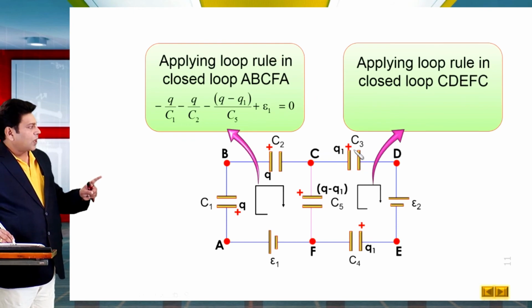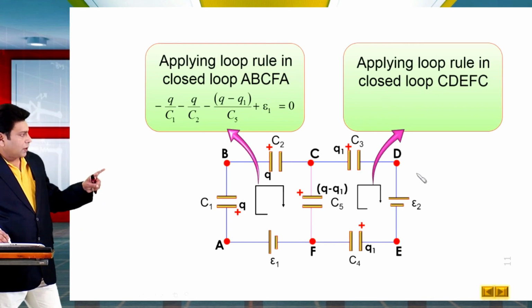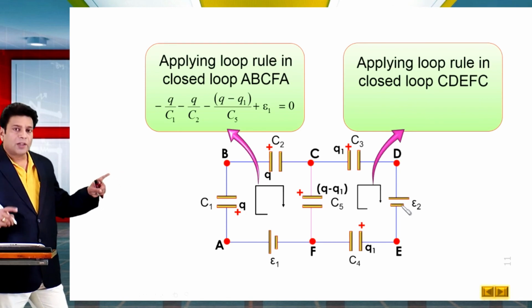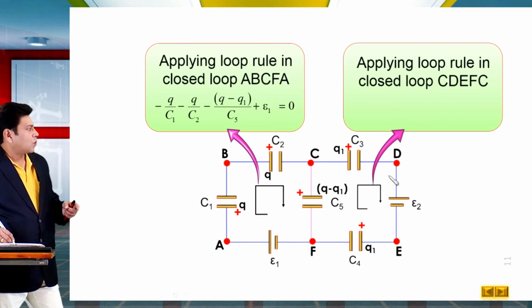What amount of the voltage drop will occur? That is minus Q1 divided by C3. And then we will move from D point to E point. While moving, we can observe a battery will be there, and in this battery will move from positive to negative plate. So, voltage drop will occur here also. So, here we can write minus E2.